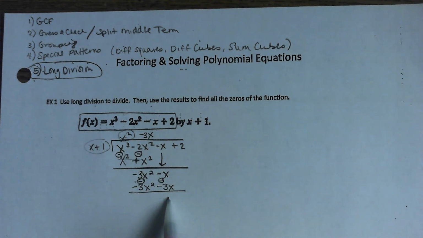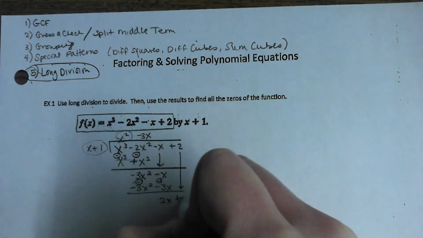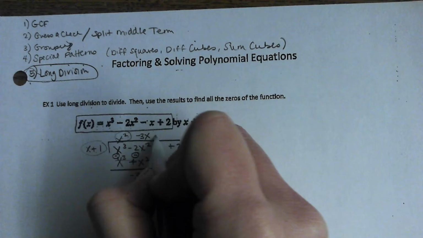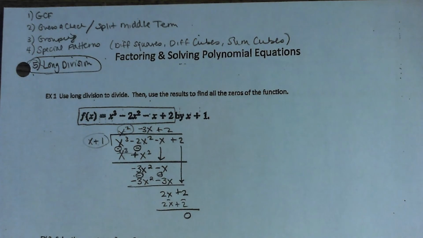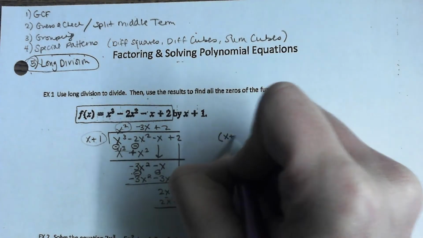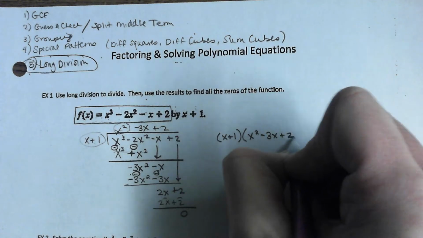Try again. Positive 2x. Bring down your plus 2. And then it goes in 2 times. 2x plus 2. Subtraction. Remainder of 0. So it went in perfectly. So what we just did was took that original and we factored out an x plus 1. And we were left with an x squared minus 3x plus a 2.